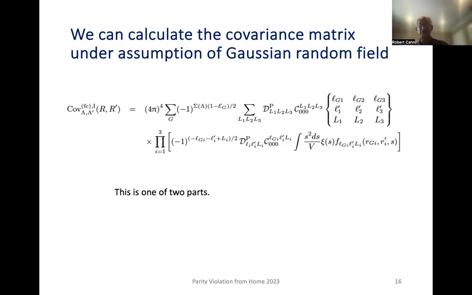But otherwise, you can see the F functions, and C here is, of course, just the 2-point correlation, and we have the 9J symbol. So it's kind of a messy expression, but the fact is that we know all the pieces in it. And actually, this is only 1/2 of the answer. There's another piece that looks very similar. But the point is that we can actually calculate analytically the covariance matrix under the single assumption that we can use a random field approximation.